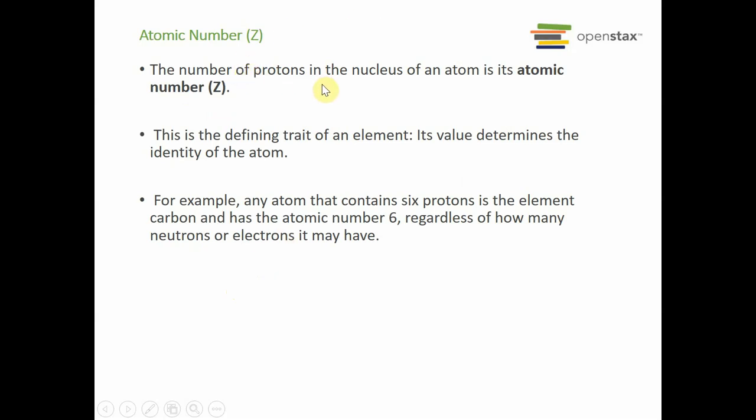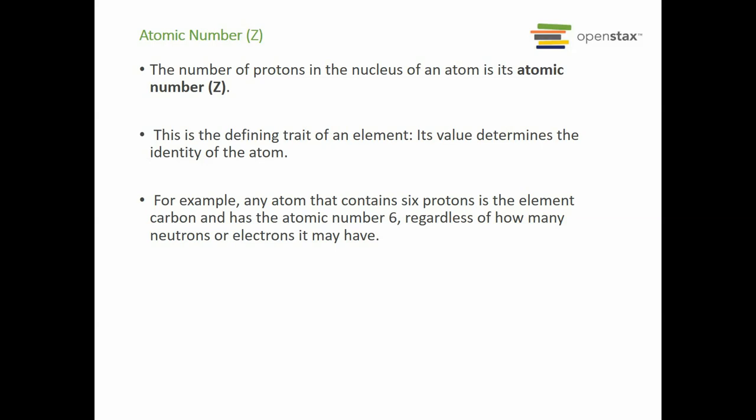The number of protons in the nucleus of an atom is its atomic number, or Z. We're going to talk about the periodic table in the future, but the periodic table was compiled based on the atomic weights, which can be gathered by ordinary wet laboratory experiments.